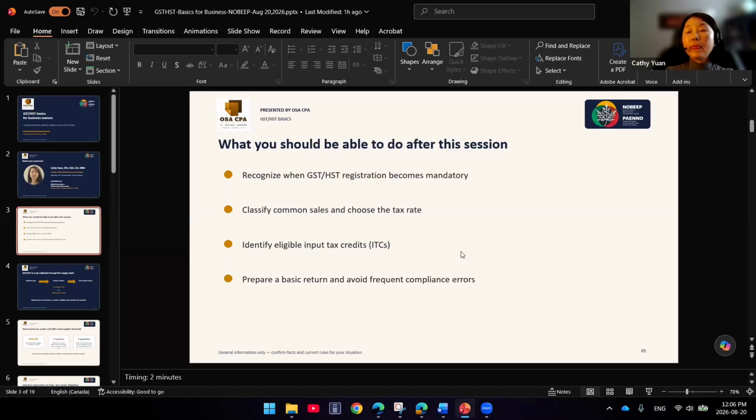For example, when we have to register this tax account, what the tax rate is, how to know which input tax credits are eligible, how to claim them, and how to prepare the basic return for GST/HST. That is the main topic I want to share with you.